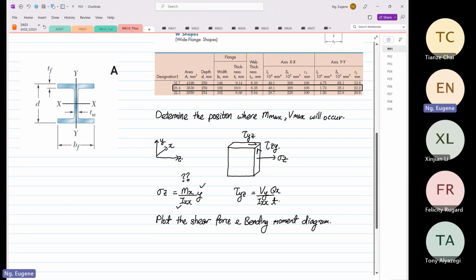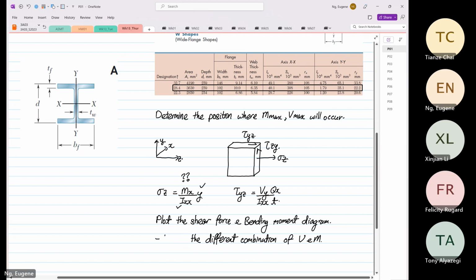Then from the plot we will find the different combinations of V and M. So after we plot, we have to analyze the different combinations of V and M such that the principal stress, stress 1, will be at its maximum.